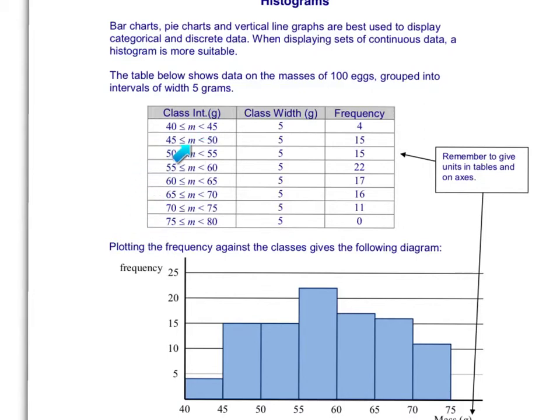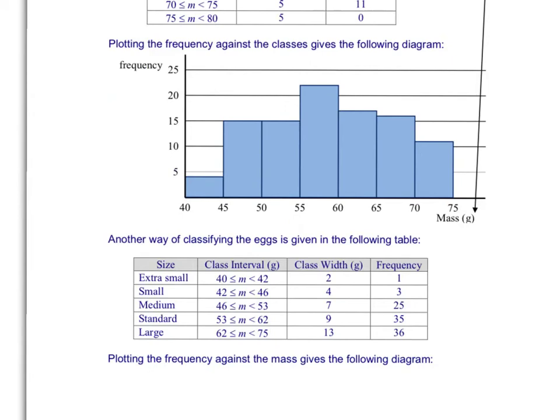Sometimes that's not the case, and we'll talk about that in certain examples, so that's something to keep in mind. And the class width is constant throughout, and sometimes the class width isn't constant, in which case we need to work out the frequency density. So we've got frequency over here for each case, and if we were to plot this, we'd get a histogram which looks like this.